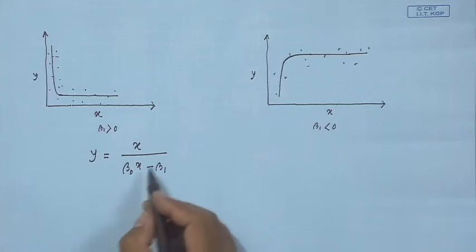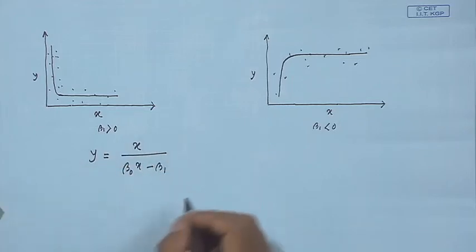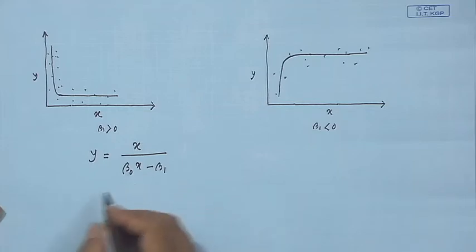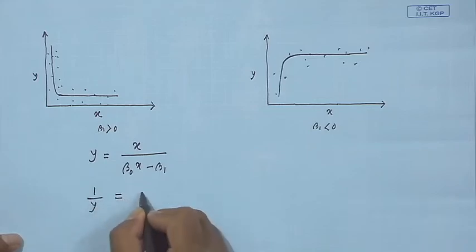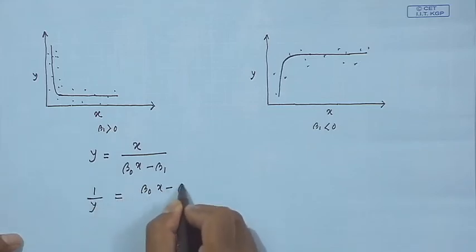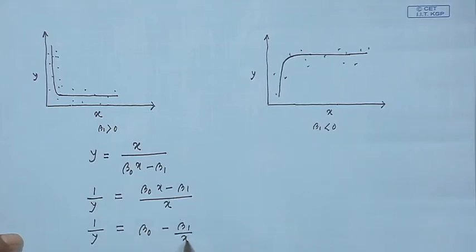And you can transform this to a linear function, because you can take 1 by y. 1 by y is equal to beta naught x minus beta 1 by x, and so 1 by y is equal to beta naught minus beta 1 by x.